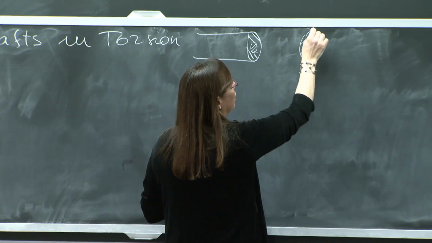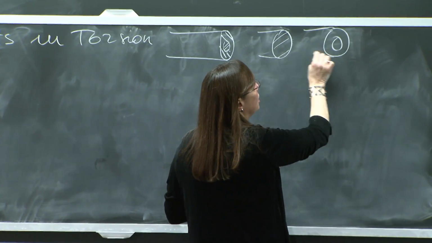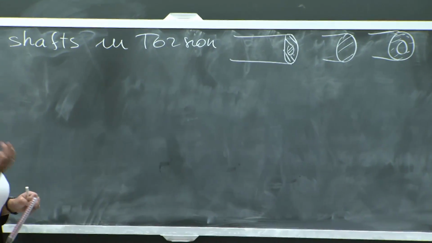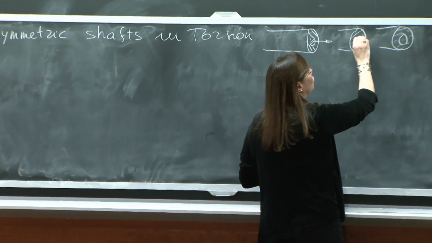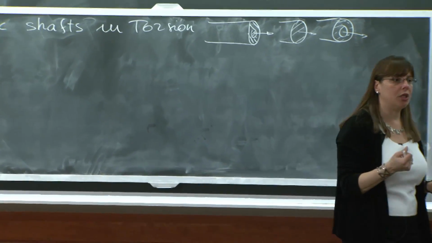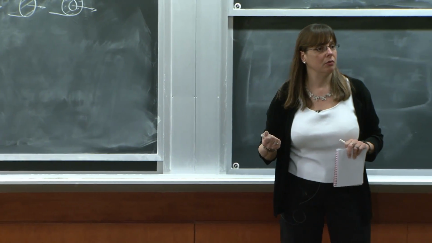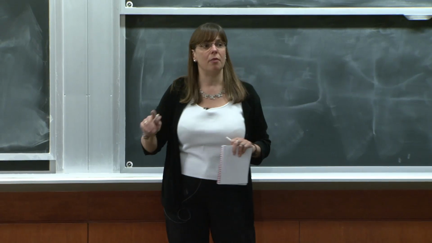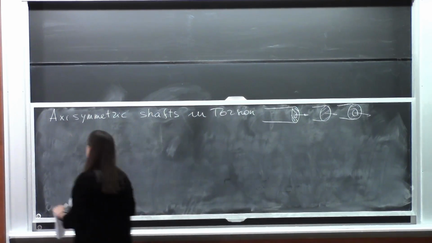I can have solid of one material. I can have something with a hole that is thick. But you see, all these geometries, they are symmetric about the axis along which the torque is applied. Okay, so this is a very important limitation of what we're doing in 201. And it will allow us to make a very important assumption about the kinematics of the deformation.